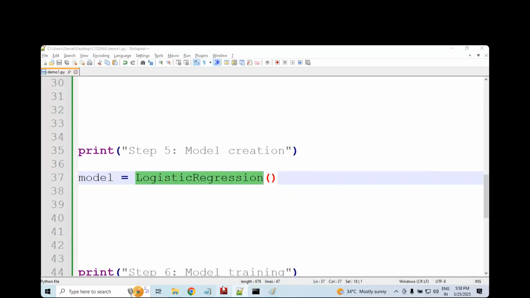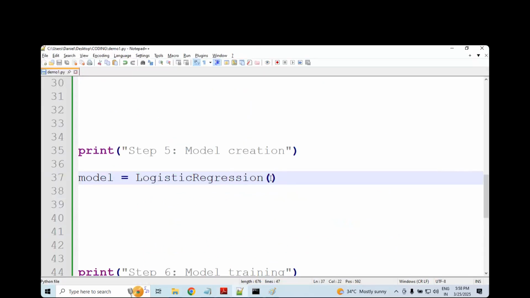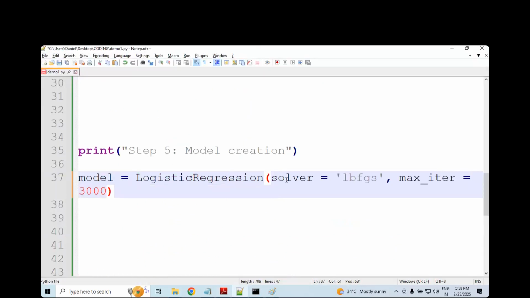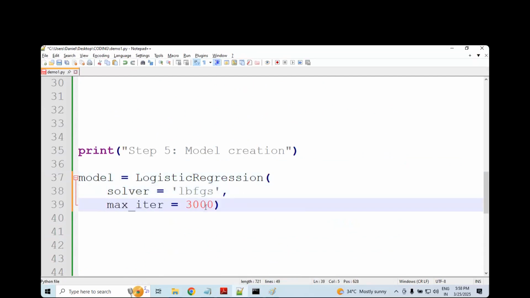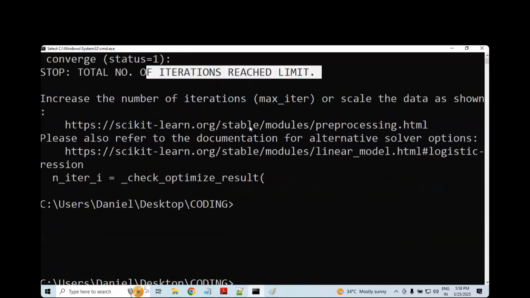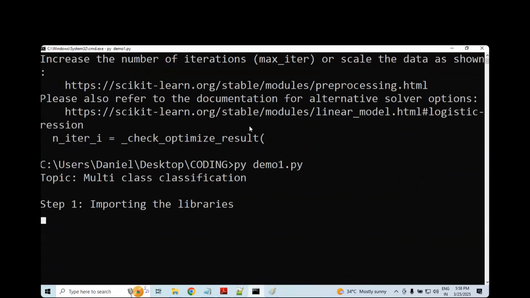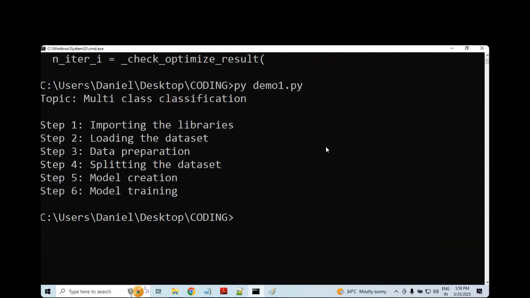To allocate that extra memory, you need to use these two keyword arguments: keyword argument number 1, keyword argument number 2. Now look at my screen. Previously we got a warning. Now let's run the example. No warnings. Warning fixed.